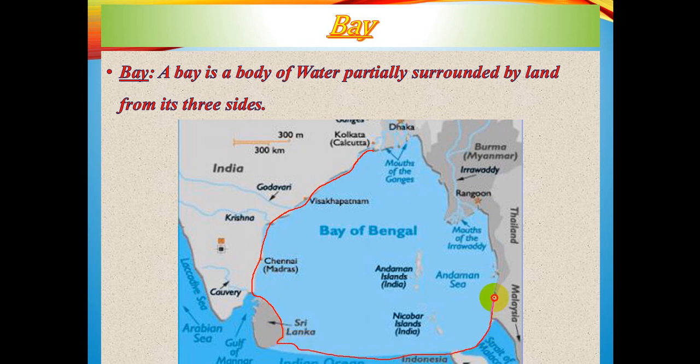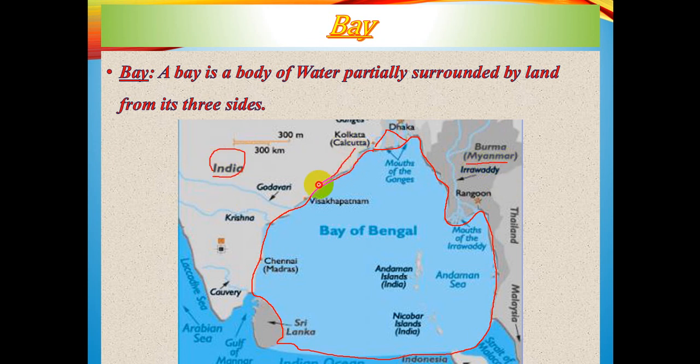On its left hand side we are having the eastern coastal plain. On its north we are having the delta region, that is the Sundarban delta region, and on its east we are having the Myanmar region. On its west we are having southeast India.